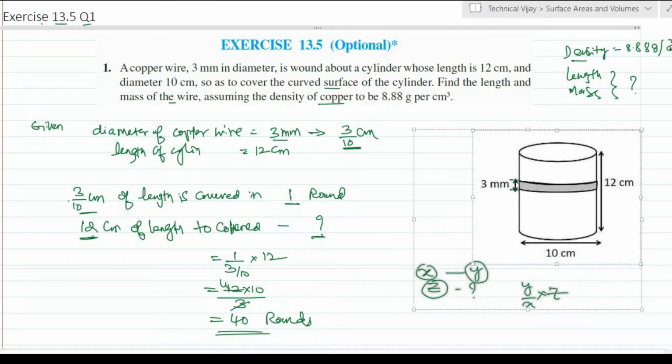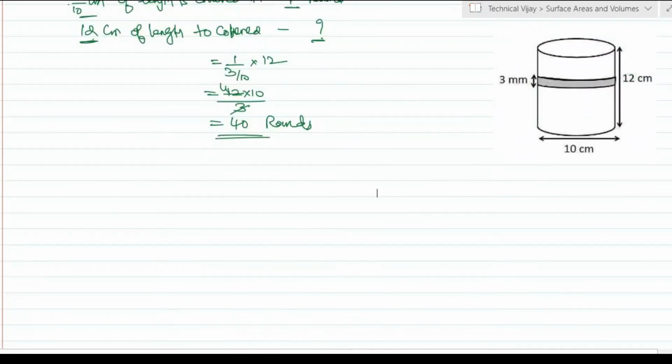After knowing this, what do we have to calculate now? See here, 40 rounds are required to cover the full curved surface area. Now for one round, how much length of wire is required? For one round it will be equal to 2 pi r, that is the circumference of this cylinder.